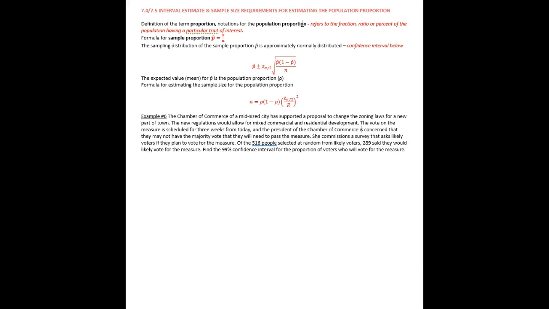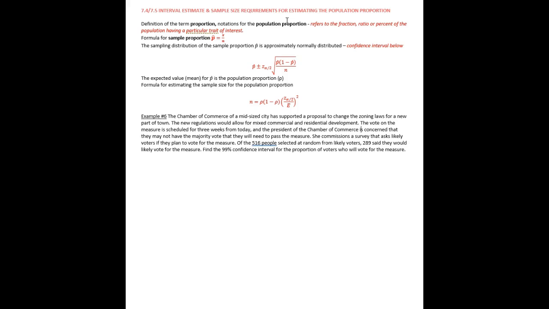Okay, so then the formula for the sample proportion is called p hat. This little symbol here is an arrow over the p, called p hat, and that's just equal to x over n. So n would be the number that is sampled, and x would be the number of, I guess you'd call them positive responses. So, are you voting for the Democrat, or are you voting for the Republican? Whatever you view as the positive response.